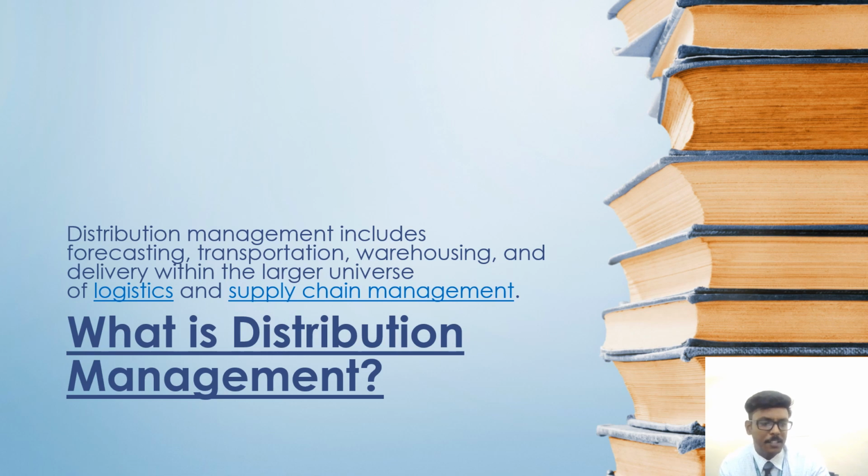Now, what do we mean by distribution management? Distribution management includes forecasting, transportation, warehousing, and delivery within the large universe of logistics and supply chain management. So definitely we need to focus on the customer needs to be met and the cost of meeting those needs, right?